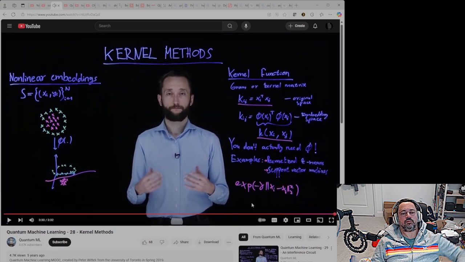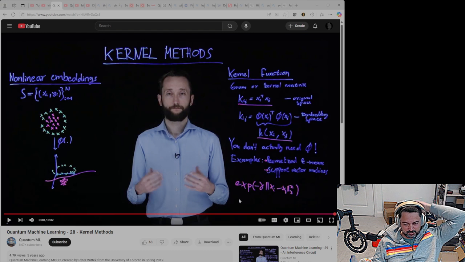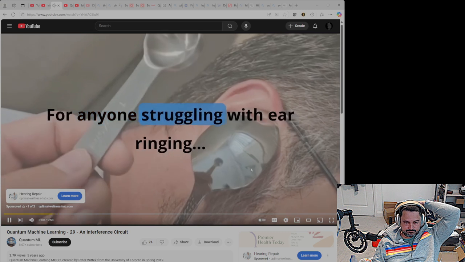Okay, so now they're scraping the bottom of the barrel. So some algorithms that are, I guess, deprecated in machine learning can be improved upon using quantum computing.